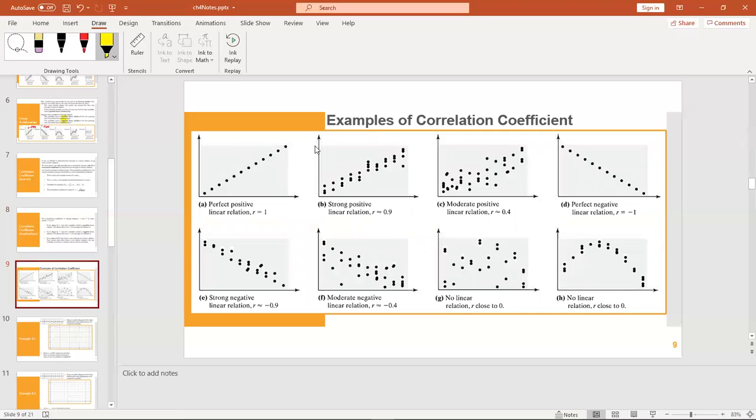Visually speaking, what does this look like? Well, in a perfect linear relationship, the points are going to fall exactly on a single line. This is what an R equal to 1 would look like. Again, in the real world with real data, you're probably never going to see anything quite this neat and tidy.